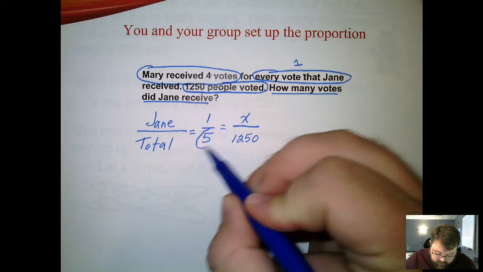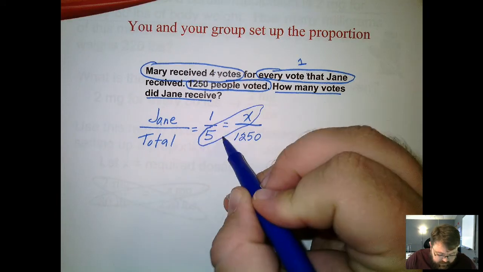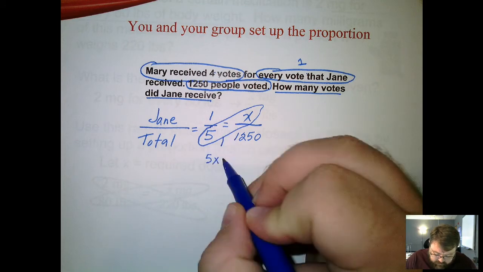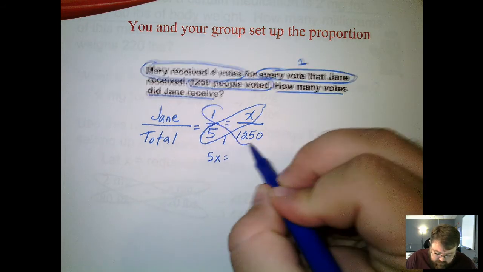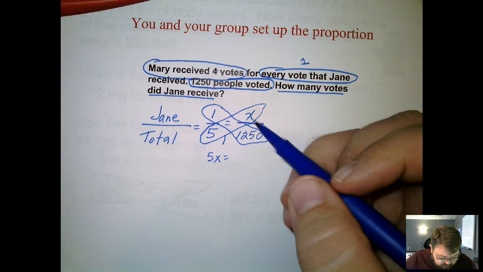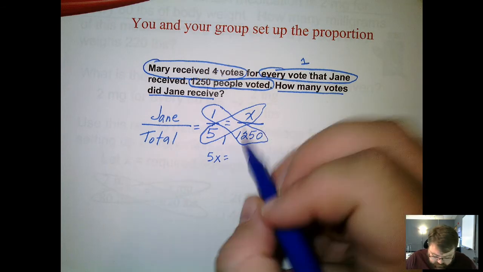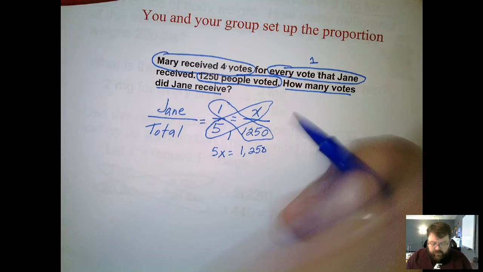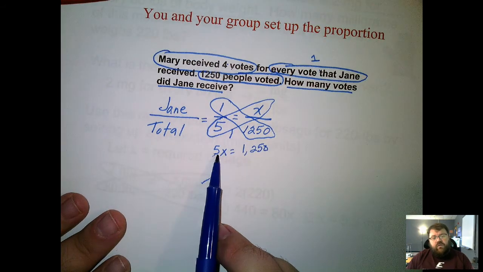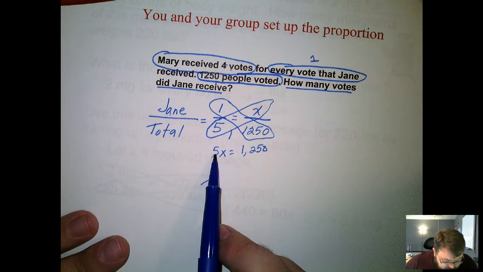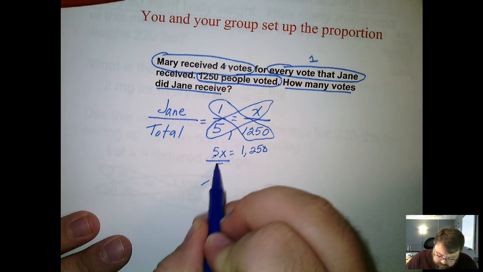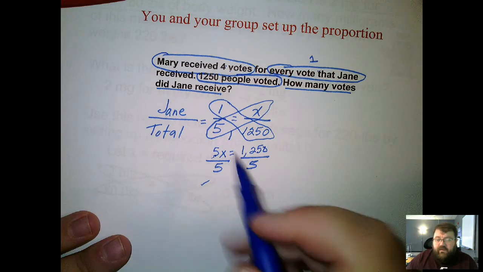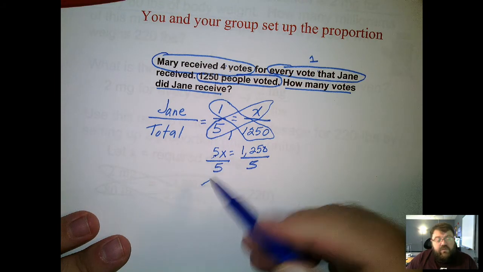So I got 5 times X, and 5 times X is 5X. Bring down my equal sign. 1 times 1,250 is 1,250. The 5 is trying to multiply, so I'm going to divide both sides by 5. 5 divided by 5 is 1.